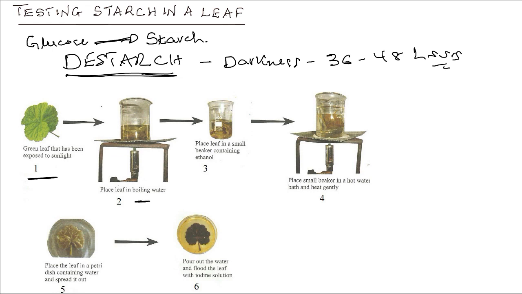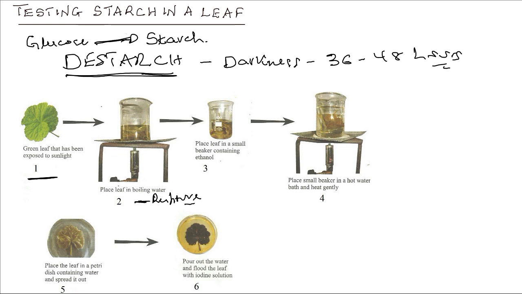So the boiling tube or the beaker containing the leaf and the ethanol is placed in a water bath, because we do not heat ethanol directly as it is highly inflammable. So we heat the ethanol indirectly in a hot water bath.